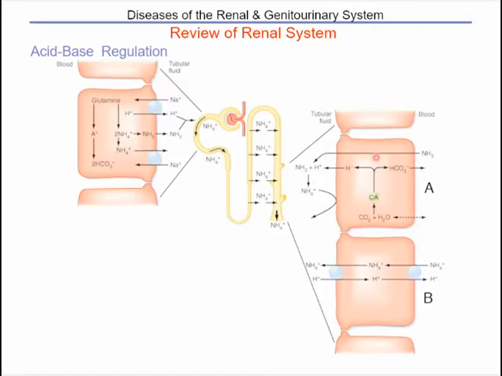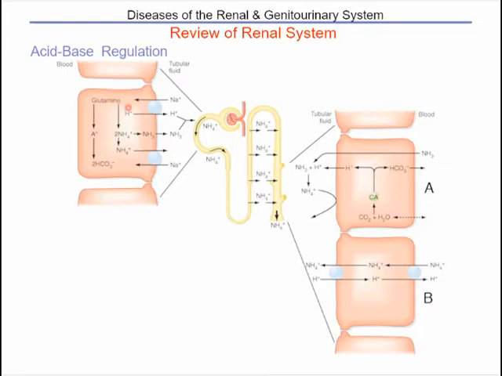Second, here in figure B, is the secretion of ammonium ion via the RH glycoprotein, RHCG. In this figure, glutamine is metabolized by proximal tubule cells.